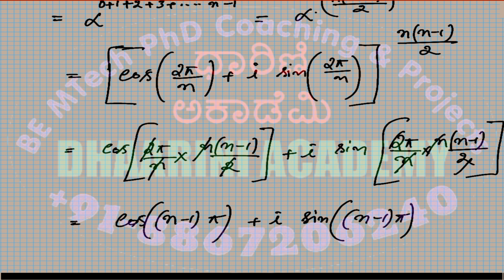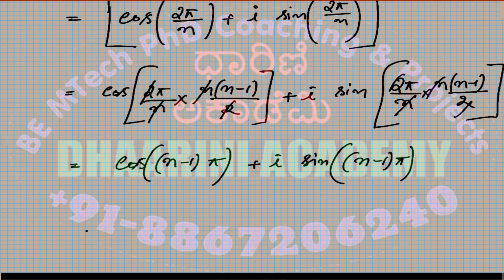All right. So now I do the reverse calculation. This can be written as cos pi plus I sine pi raised to the power n minus 1.